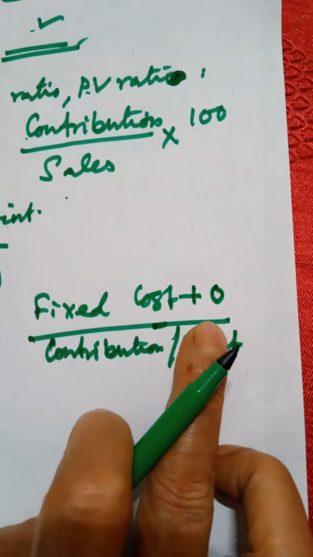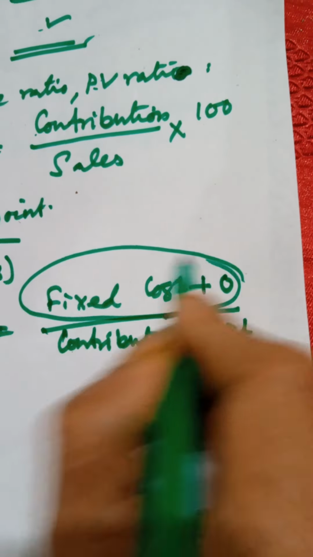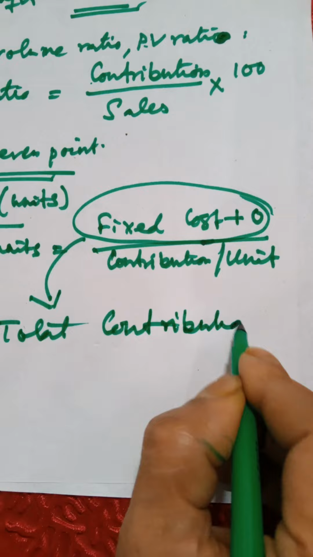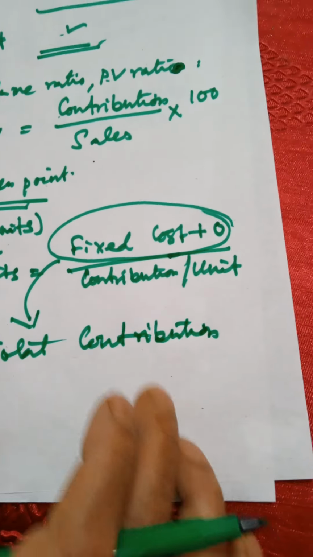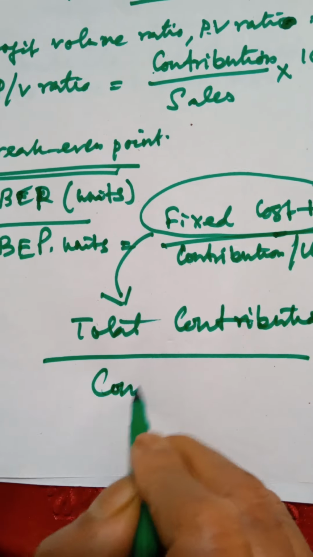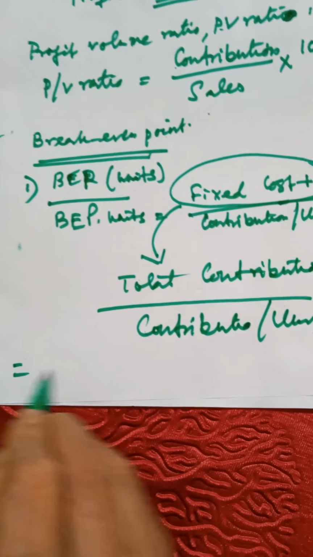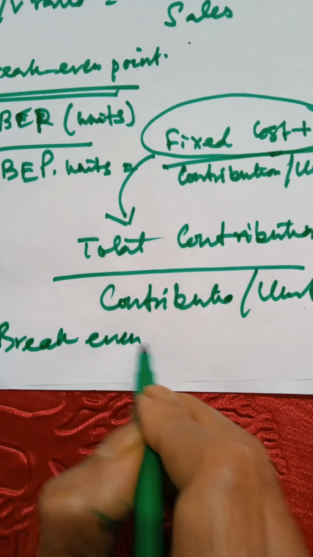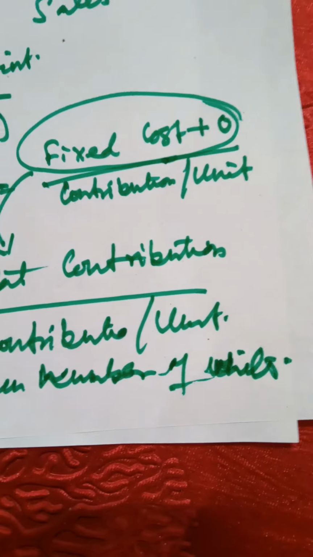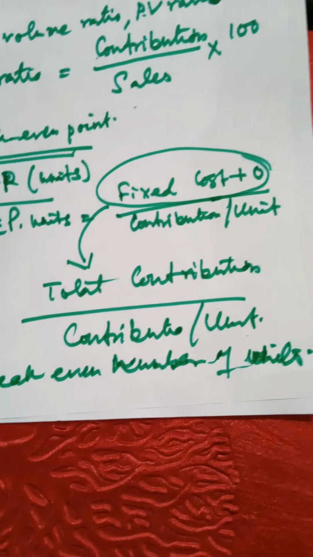Fixed cost plus profit, which happens to be 0 since the producer is in break-even, is the total contribution. In total contribution, the profit is 0, so fixed cost is equal to total contribution. So when total contribution is divided by contribution per unit, we get the break-even number of units. Okay, so BEP in units is derived by dividing fixed cost by contribution per unit.